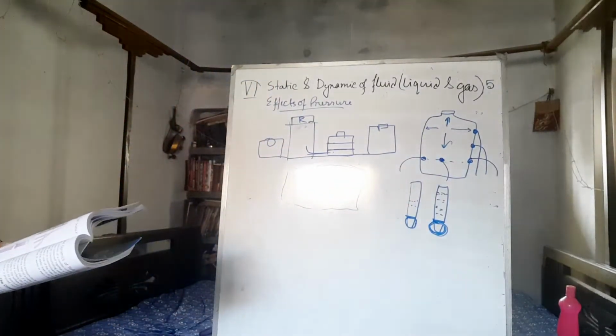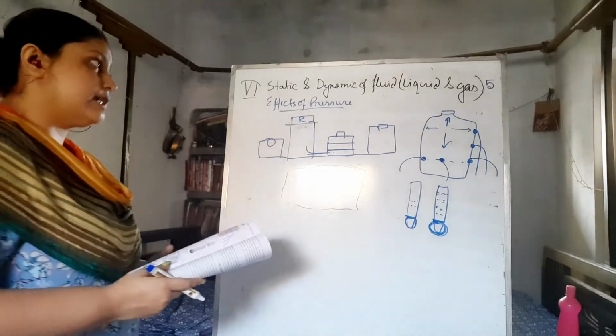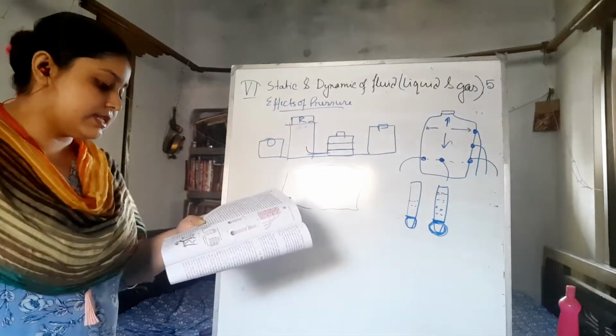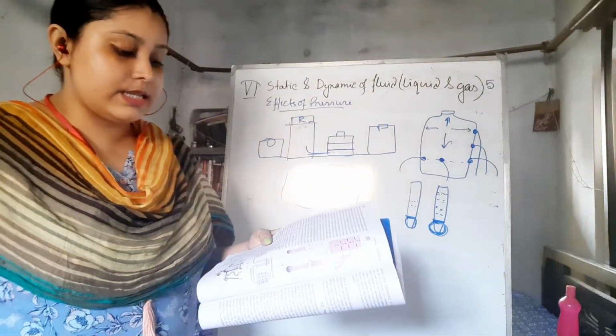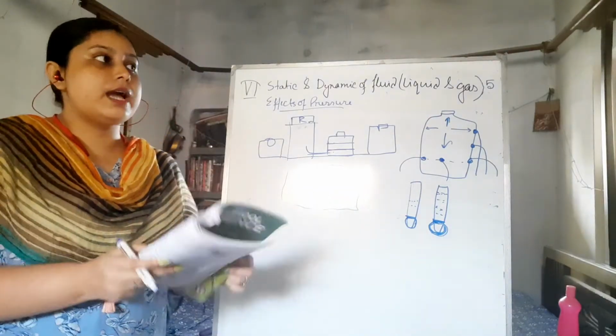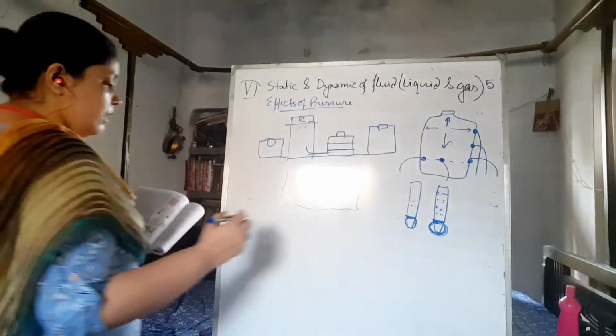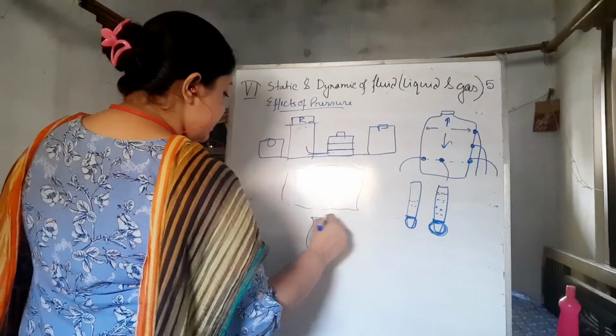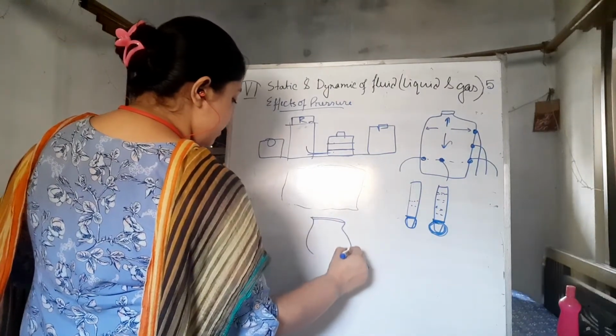Okay, and also the next point, to prove that the liquid seeks its own level, we can take various peculiarly shaped bottles or jars.